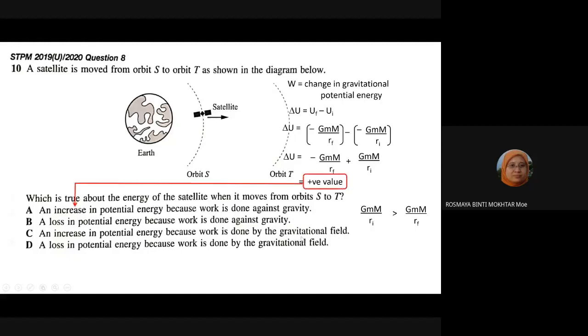The answer is work done against gravity, because it is brought to position T, from S to T. So the work is done against gravity. So this is the answer for question 10. Any problem with question 10?